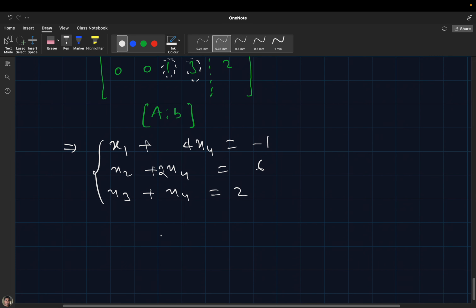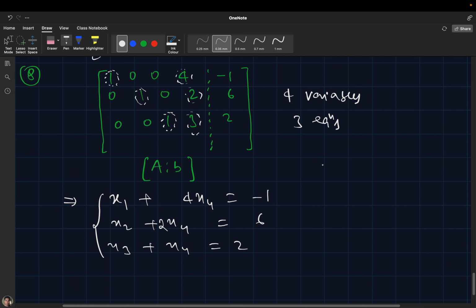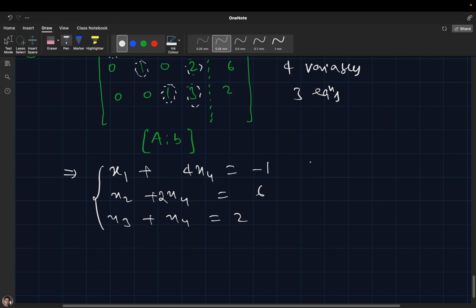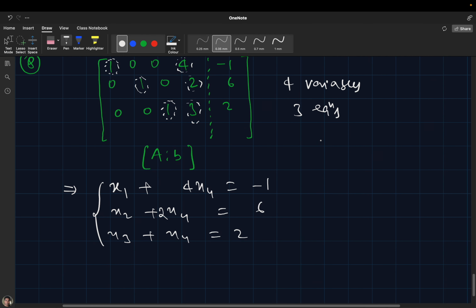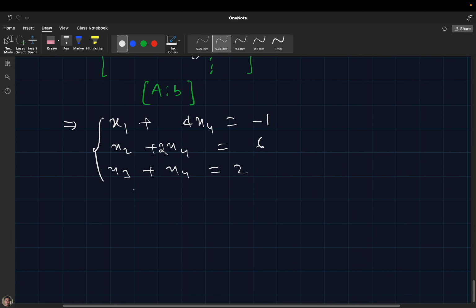What I'm trying to say here is that you have 4 variables and only 3 equations. So definitely you will not have a unique solution in this. I'm not trying to do any kind of nature of solution, but I am saying that here you have 3 equations and 4 unknowns.